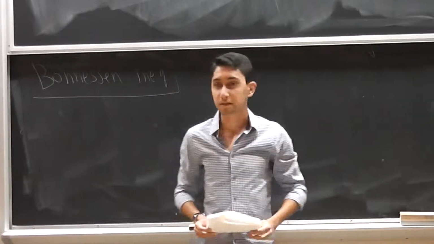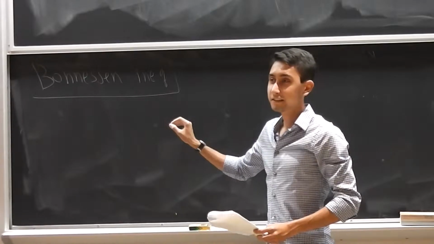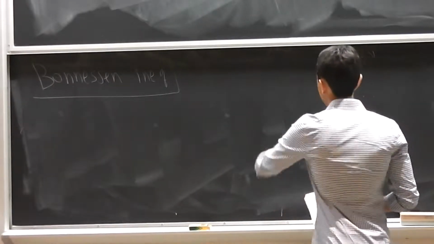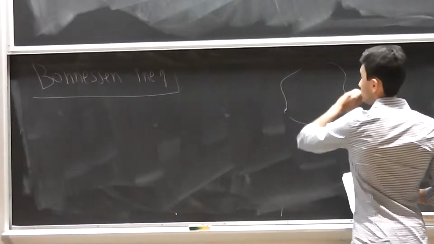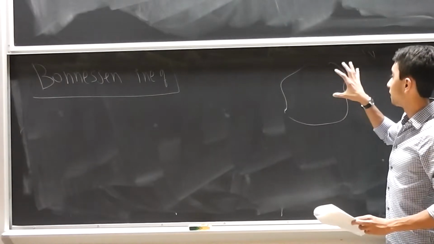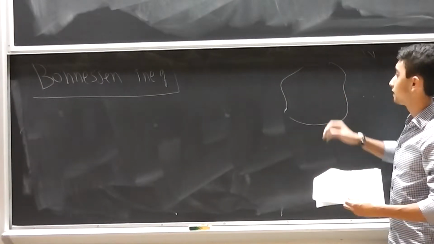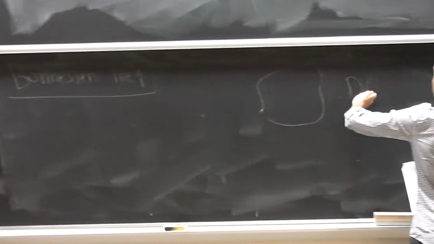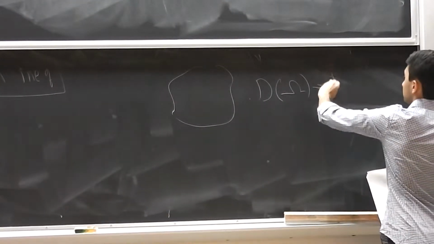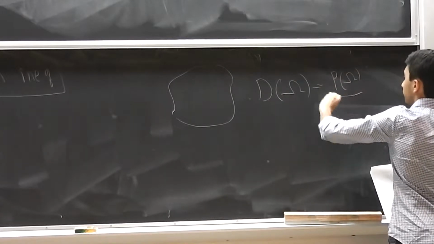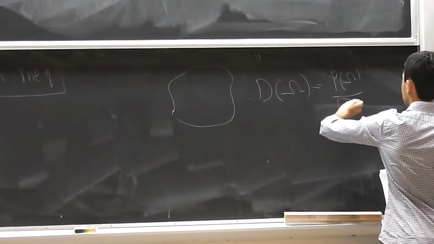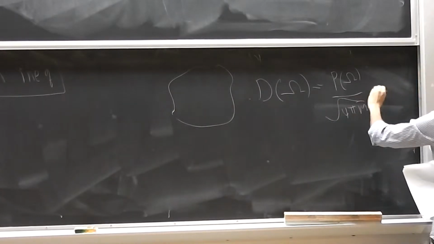Is anyone familiar with this? Okay, so basically the Bonnesen inequality is, suppose you have a set, right? You can define the isoperimetric deficit of the set, which is just, you take the perimeter, you divide it by the perimeter of a ball of the same area, and you subtract 1.